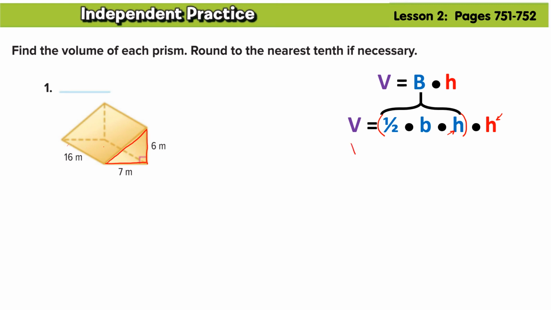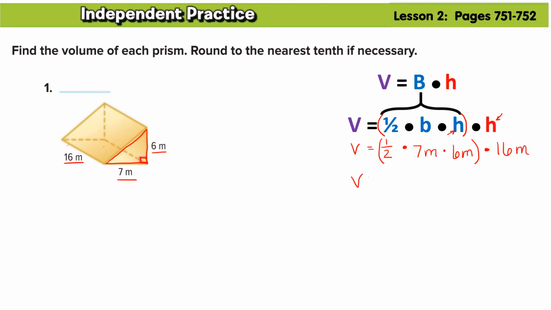All right, so the volume is going to equal 1/2 times the base of the triangle, which is 7 meters, times the height of the triangle, which is always perpendicular to the base, so that's 6 meters. I'm going to put this in parentheses, times the height of the prism, which is 16 meters.